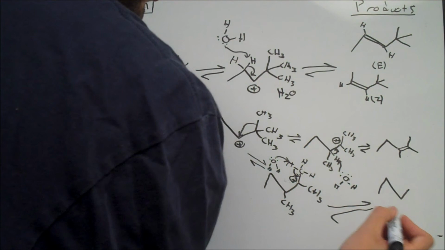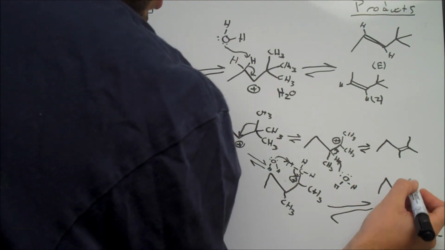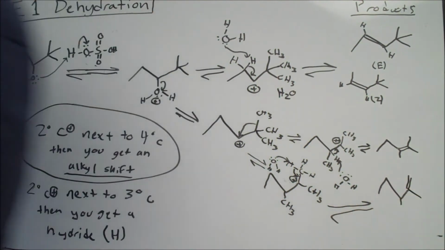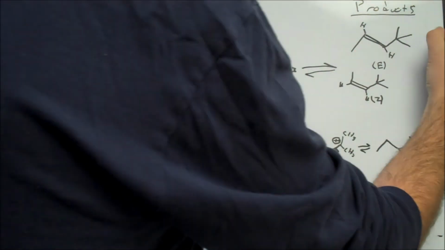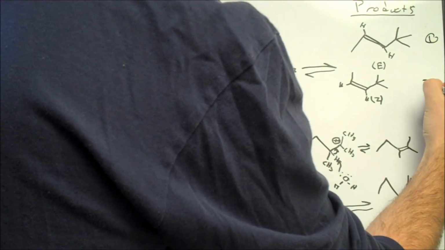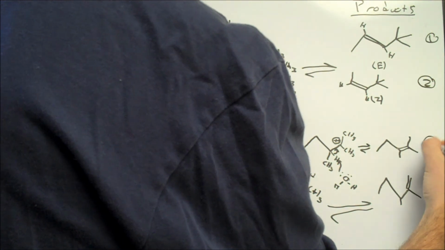And you still have your methyl down there, and you get a double bond formed up there. So you have 1, 2, 3, 4 products from this reaction.